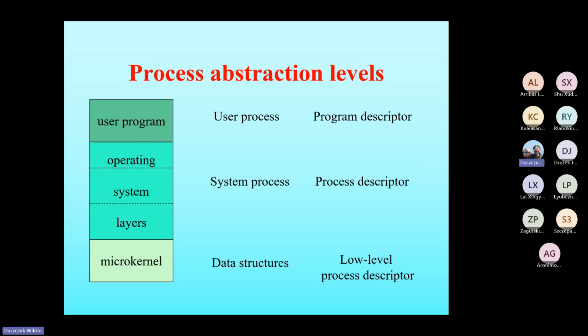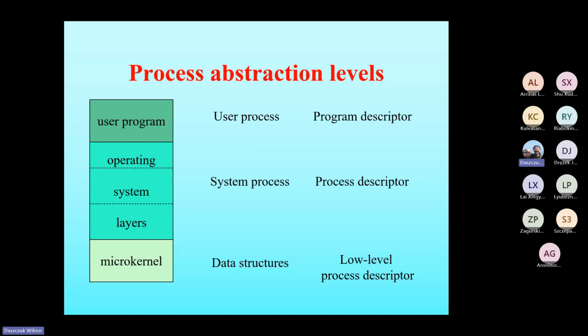And when the process acts here, it is a user process. When it crosses the barrier between user programs and the operating system, it becomes a system process and has a process descriptor in the system.